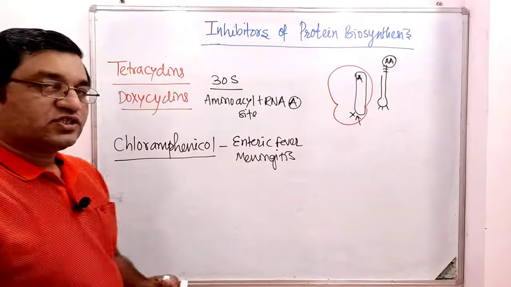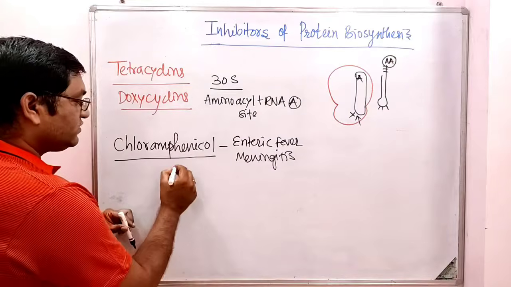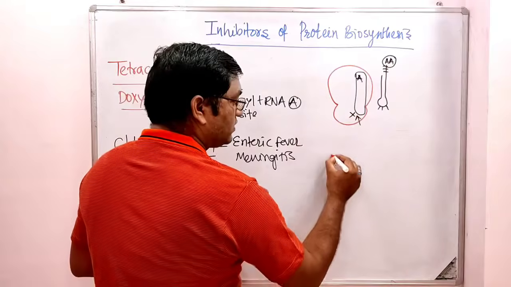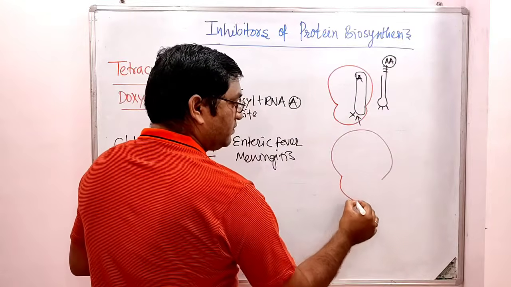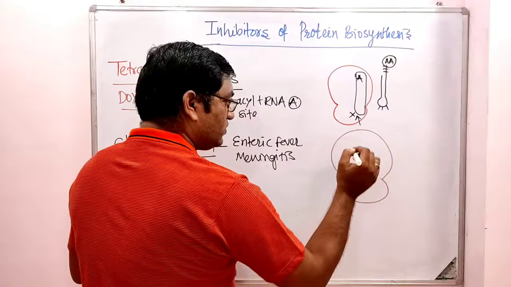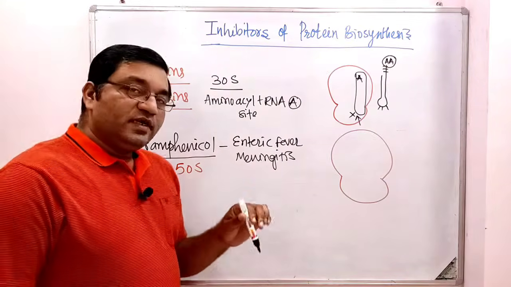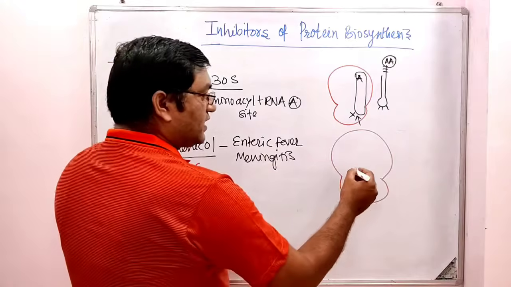What is the mechanism of action of chloramphenicol? It binds with the 50S ribosomal unit, this unit, and it inhibits the peptidyl transferase activity.